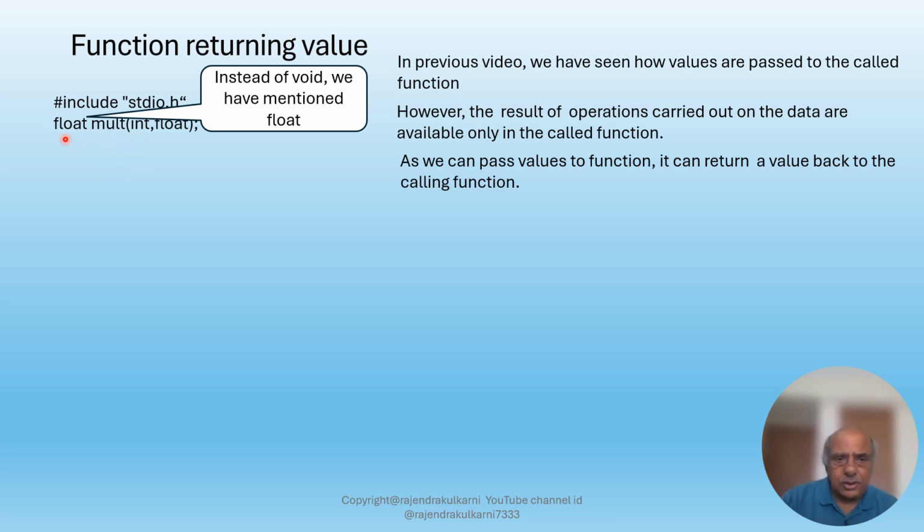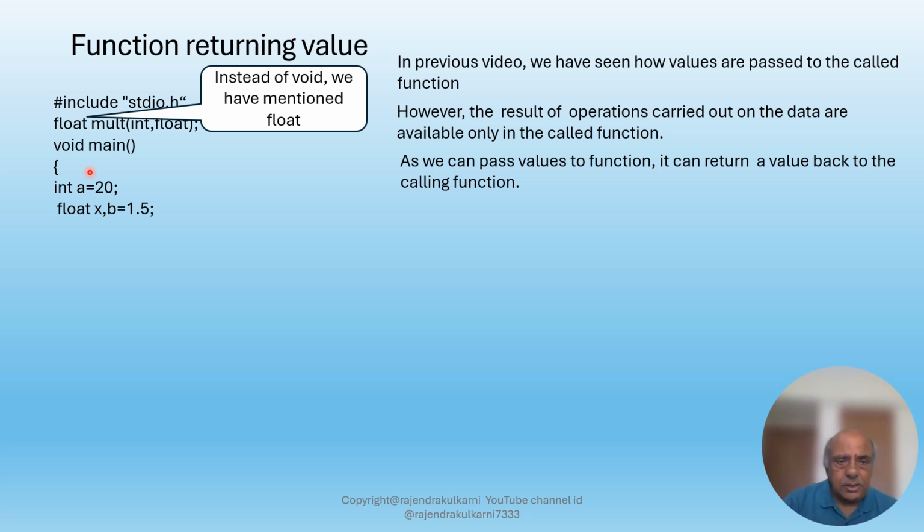We used to write a prototype with void as its return type in earlier explanations of functions. In this case, we have changed that void to float. We can write float, we can use int, we can use char, we can use a pointer. All these 3-4 entities can be returned by a function. In this program, we will see how a function returns the float value.